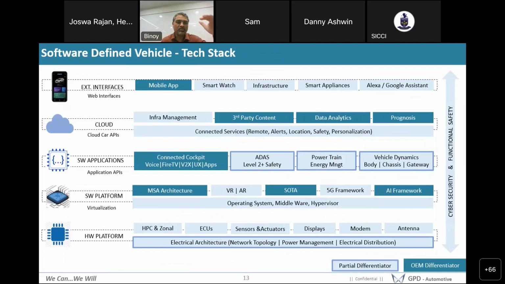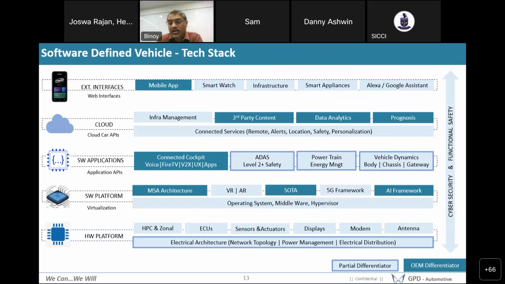If you go from top to bottom, it starts with the devices the customer has, like an app or a smartwatch or even smart appliances. V2X connects you to the infrastructure, which is external to your vehicle. Then the interface is through the cloud, which is an integral part of vehicle software development today.